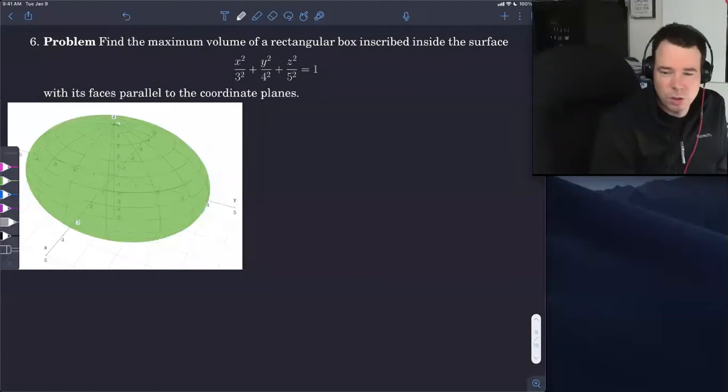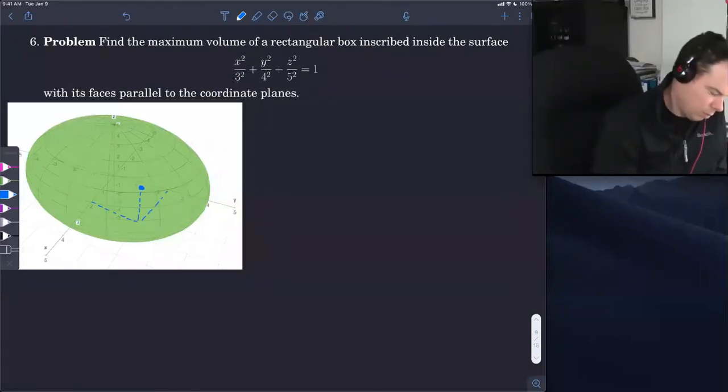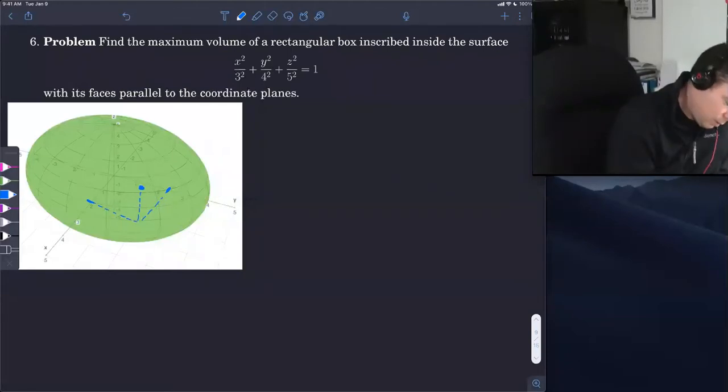box is really determined by a point that it's going to hit out here. Because once I know what point, let me just draw the rest of the reference points here. There's this point out here on the surface, project it down to the plane. Now that's going to really determine the rest of the box because of symmetry.